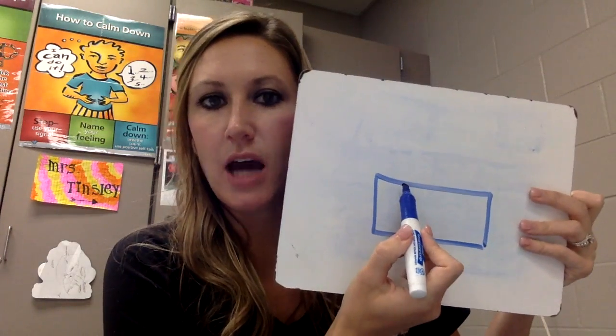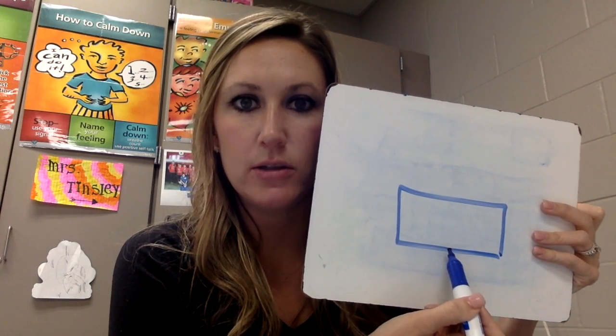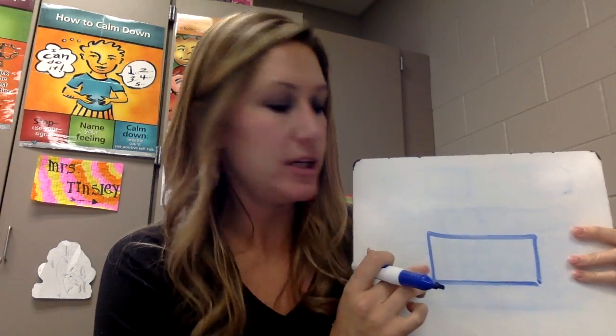So another way that you can do this is to know the measurement of the top and the side. Because if you remember from rectangles, the measurement on the top of a rectangle is always the same as the measurement on the bottom of the rectangle. And then same with the sides. The measure of this side is always the same as this side.